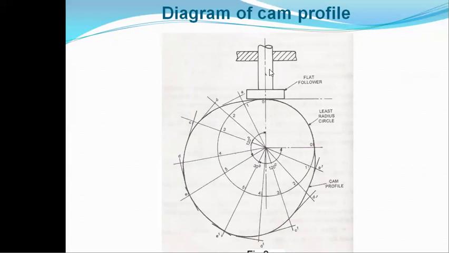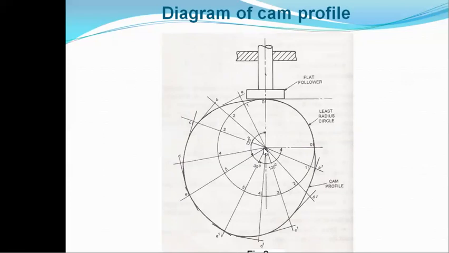This is the flat follower, and the point A here is the trace point. So this will be 0, and from O to 0, starting from here, assuming the cam is rotating in the clockwise direction and the follower is moving in the anti-clockwise direction.